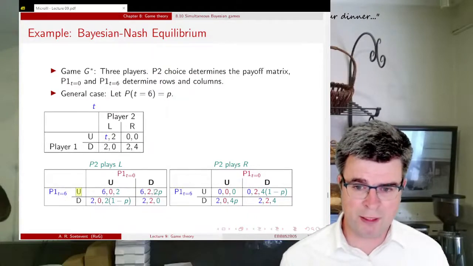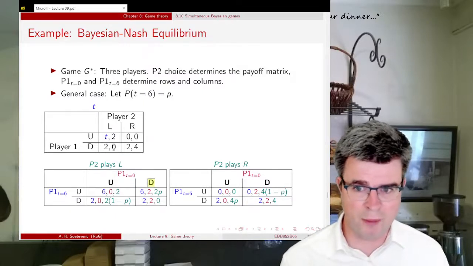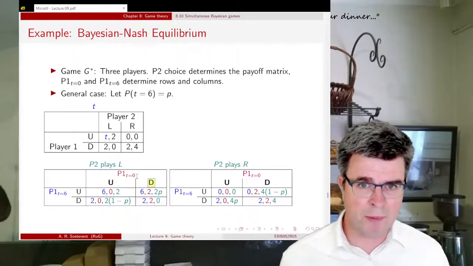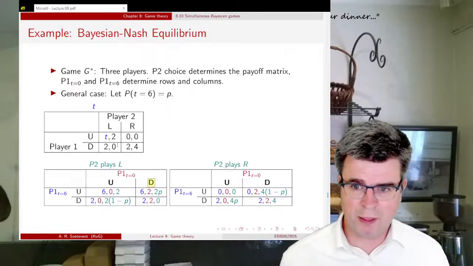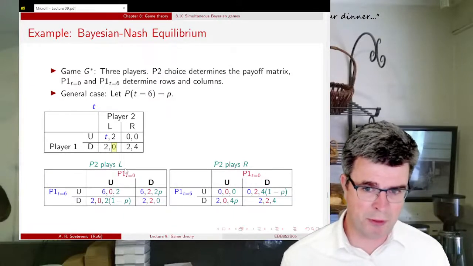If it happens that he meets player 1 being of type t is 0, well, then we know from this entry that that type will play down. The probability that he meets that type is 1 minus p, and in that case he will get a payoff of 0. So 1 minus p times 0 is 0.